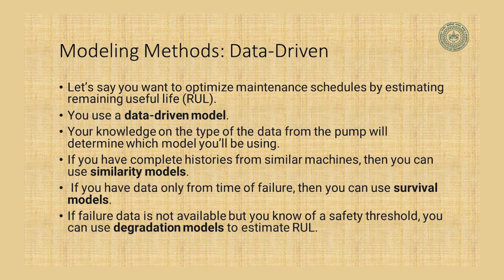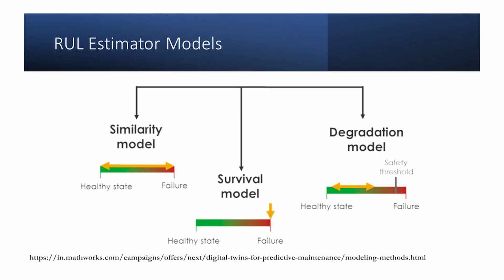Everyone understands? So, three different types of models: similarity models, where you have detailed data over the entire lifespan of the pump from many different pumps; the survival model, where you know when it fails; and the degradation model, where you know the safety threshold.